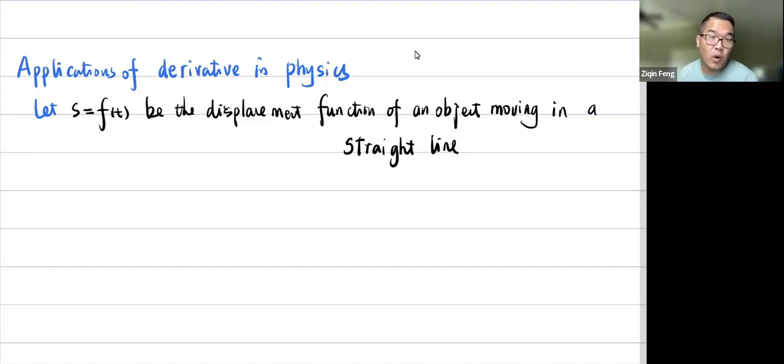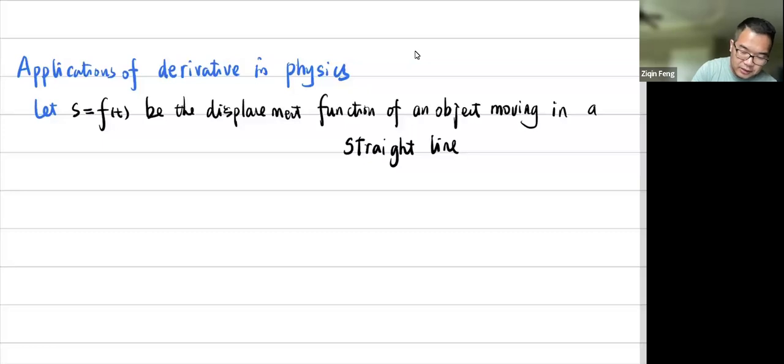So now one of the interesting questions is how to decide the velocity of such an object. How do you define the instantaneous velocity? Suppose we have a time, let's call that t1. We want to know the instantaneous velocity of the object.